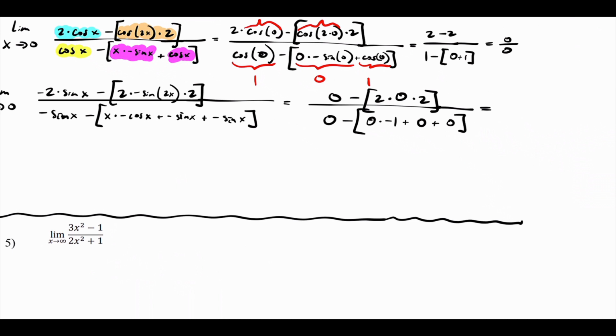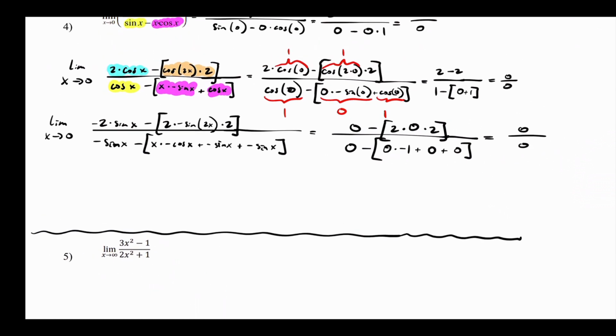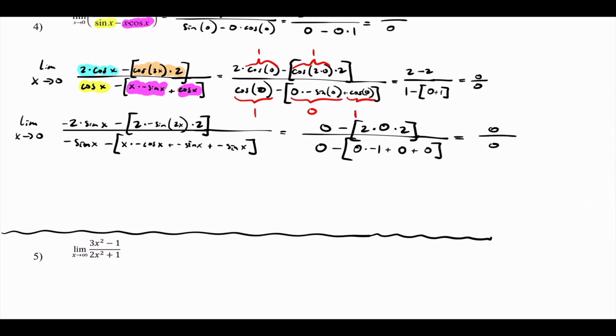So on top, we're going to get 0. On bottom, we're going to get 0 too, right? Now, for time purposes, I'm not going to keep going because I want to go on to the next thing. But you would take the derivative. Now, it's rare that you have to find the third derivative.